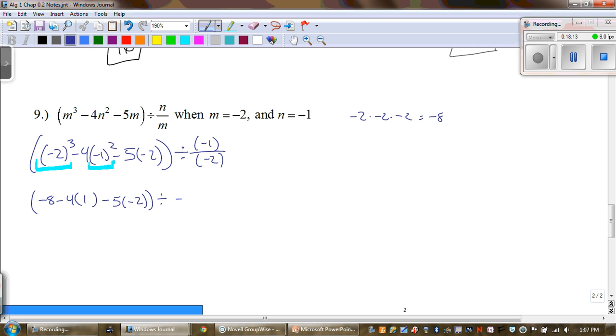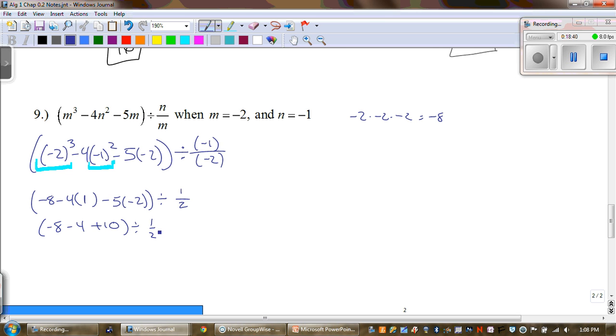And the only thing we can fix up here is we've got a negative divided by a negative, so we know that's going to give us a positive. Okay, so it's +1/2. All right, let's clean up inside so that -8 stays the same. -4 times 1 is -4, and -5 times -2 gives us a +10.